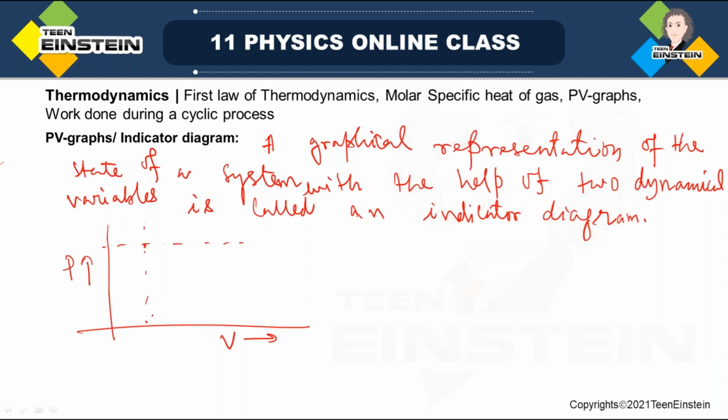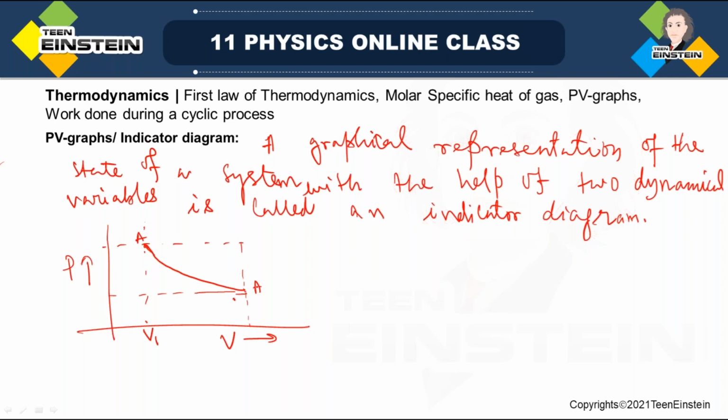So when a gas goes from a state, suppose A, to some position B in this way, it goes like this. Okay, so this is point B.